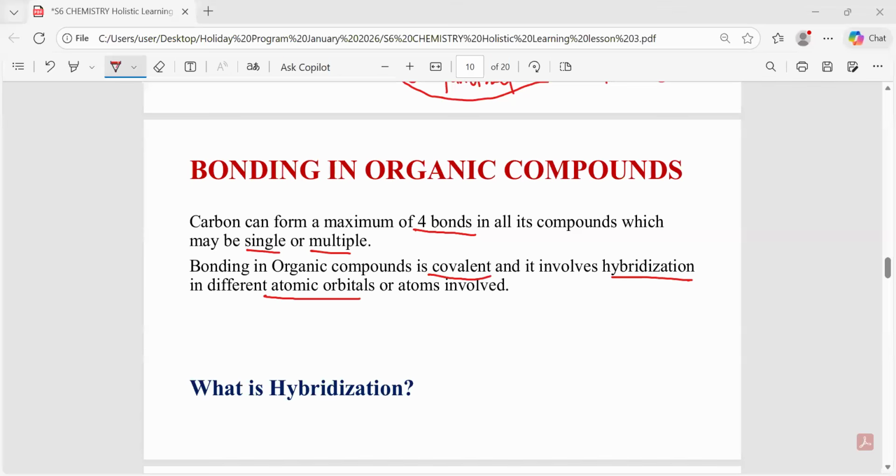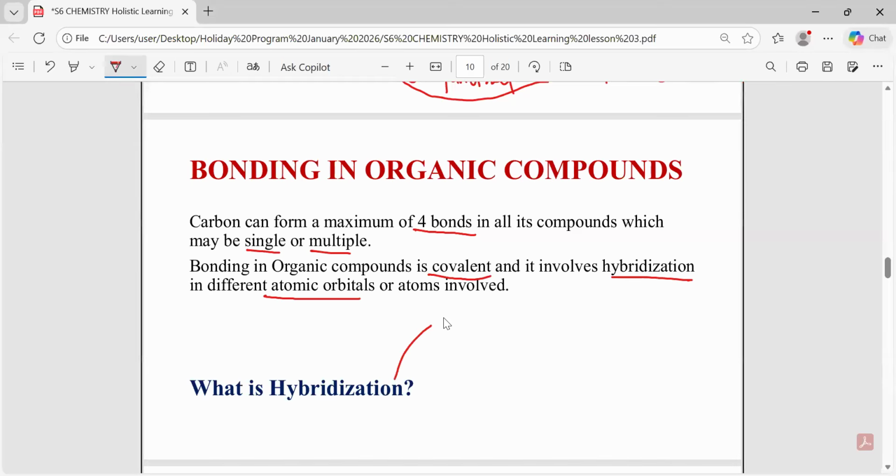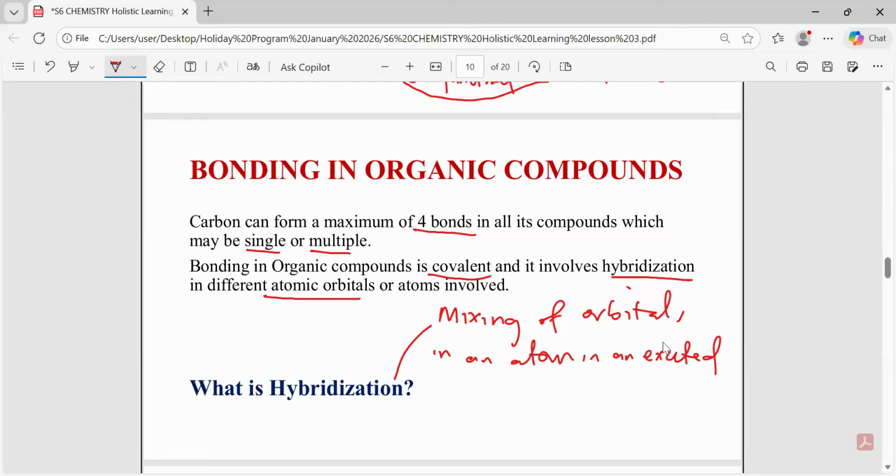Hybridization is a mixing of orbitals in an atom, in the excited state. Are you telling me that even atoms become excited? To form degenerate orbitals, or hybrid orbitals.